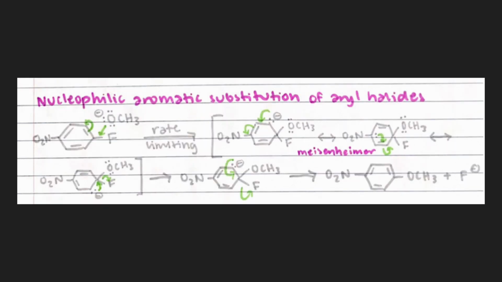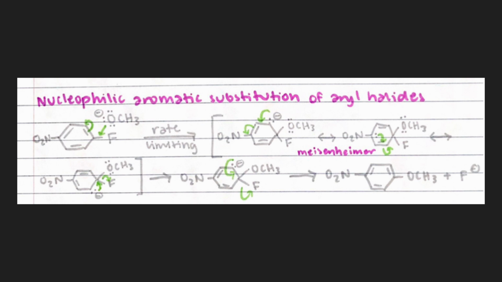We can't do SN1 or SN2 type substitution, but we can do nucleophilic aromatic substitution. So here a nucleophile, in this case OCH3, is attacking the carbon where our halide is attached. At the same time, we're going to be moving around those double bonds to adjust for the nucleophilic addition. What ends up happening is an intermediate called the Meisenheimer complex is formed, which has many resonance structures.